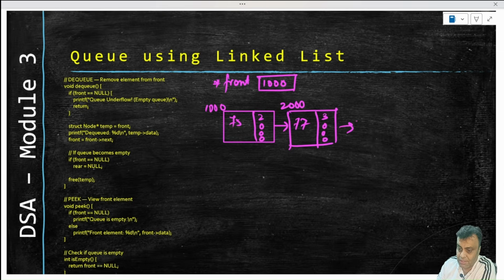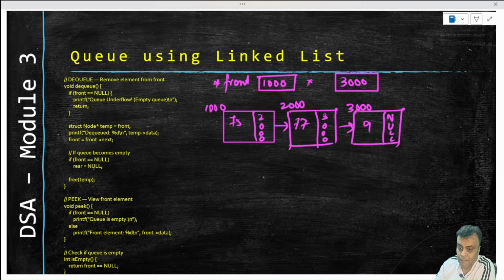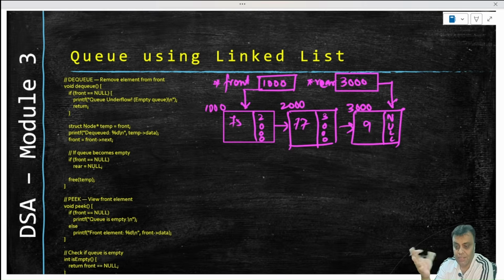At 3000, the node that we have is 9, and this is pointing to null. And my rear is pointing to 3000. So front points here, rear points here. We have created a queue using a linked list and the enqueue operations that we discussed in the last slide.